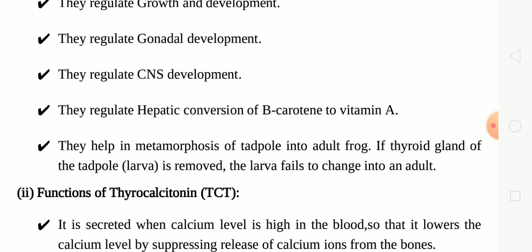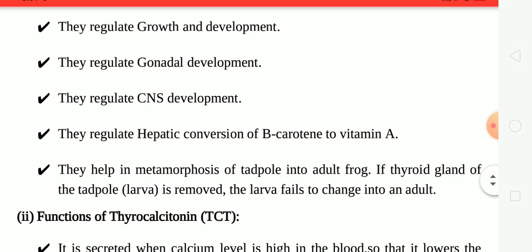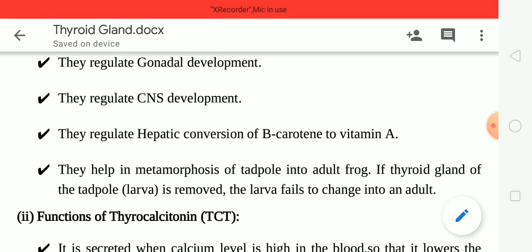That means the calcium is released by the bones, so it will suppress the bones from releasing calcium ions into the blood, so that it lowers the calcium levels in the blood. These are the functions of the T3, T4 and thyrocalcitonin hormones.